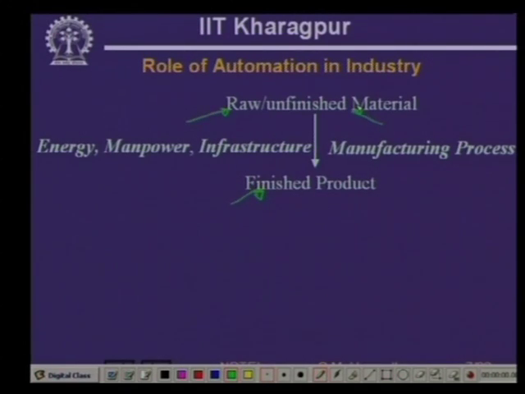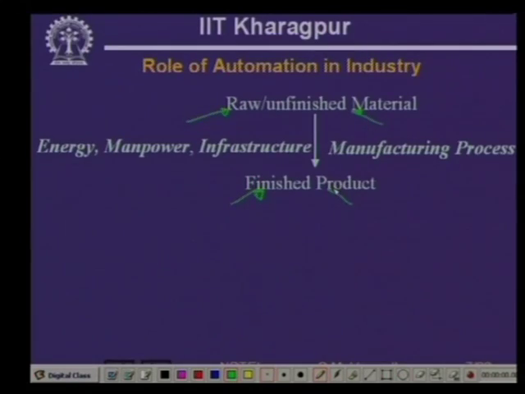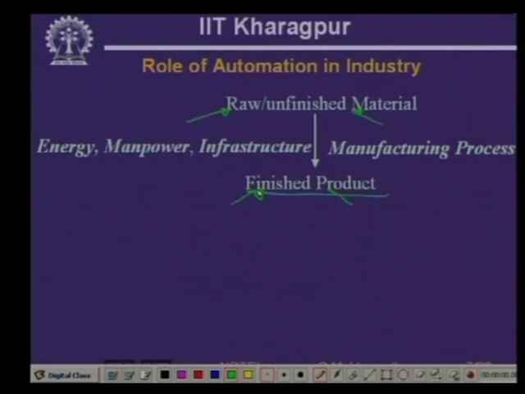On the other hand, it could also start with some unfinished material. When you build a car, you buy lots of parts which are manufactured in other factories, and you put them together to build the car. So, you could start from a raw material, or from some unfinished material, and then finally land up with a finished product. This is the essential function of any factory.